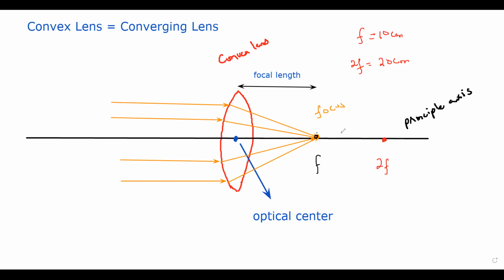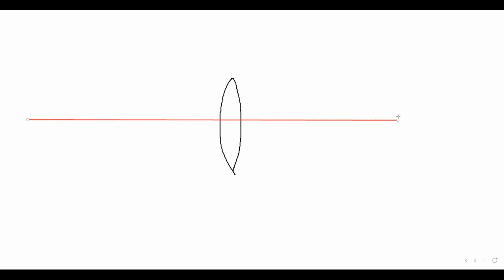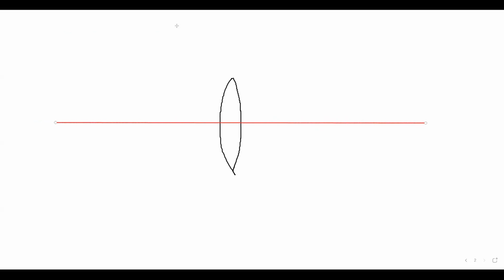So when you have a convex lens, you should be able to mark these points. What are the points? Number one, we will have a convex lens, and the imaginary line which is passing through the center of the lens. What we call this line? The imaginary line which is passing through the center is known as principal axis.